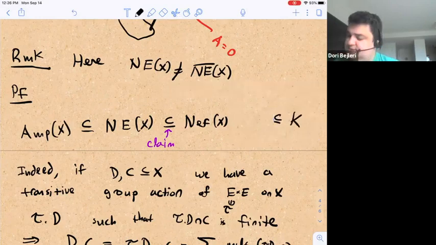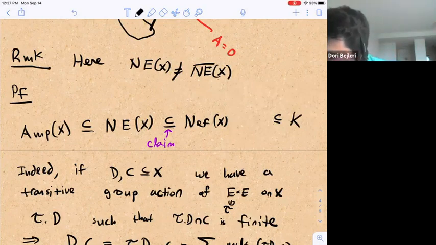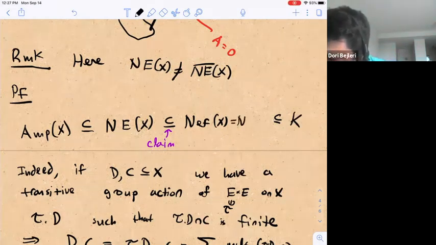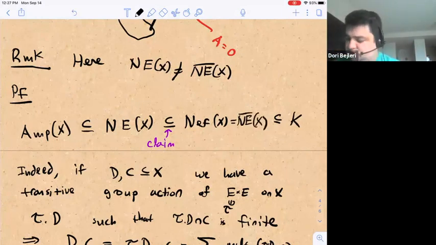That's true, but we know a little more. If we take the closure of the ample cone, we get the Nef cone. And now that we've sandwiched the effective cone between the ample and the Nef, the closure of all of these things has to be the same. So this tells us furthermore that the Nef cone then has to be the closure of the effective cone, which also has to be contained in K.